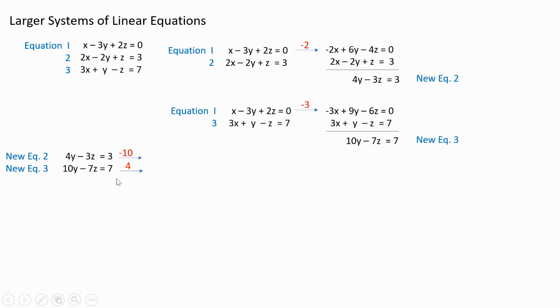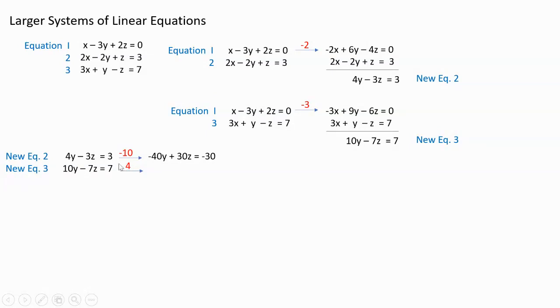This will guarantee that it will eliminate the y's. So we multiply negative 10 times every term in equation 2. It should give us negative 40y plus 30z equals negative 30. And that was a result of multiplying negative 10 times 4y, negative 10 times negative 3z, and negative 10 times 3. This will be my result.